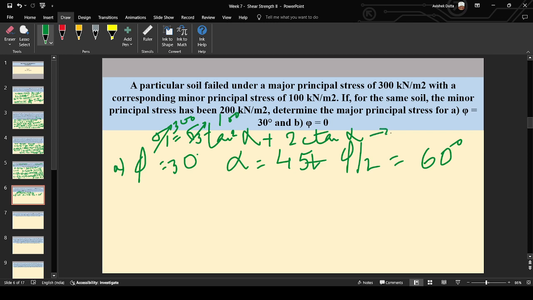Now from here, find the value of C. The equation becomes 300 equals 100 tan square alpha, alpha being 60 degree, plus 2C tan alpha. From this equation, we get the value of C as 0. Why? Because tan square alpha is 3, 3 into 100 is 300. We don't need this second part.